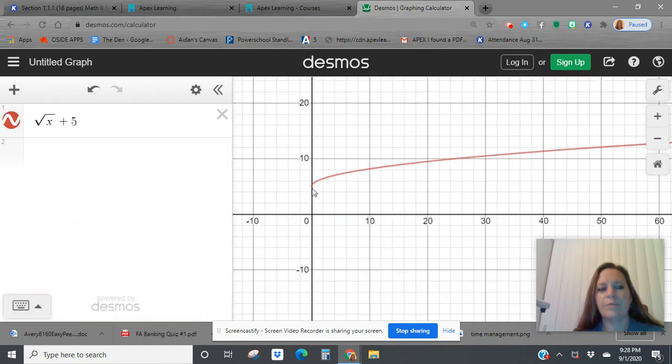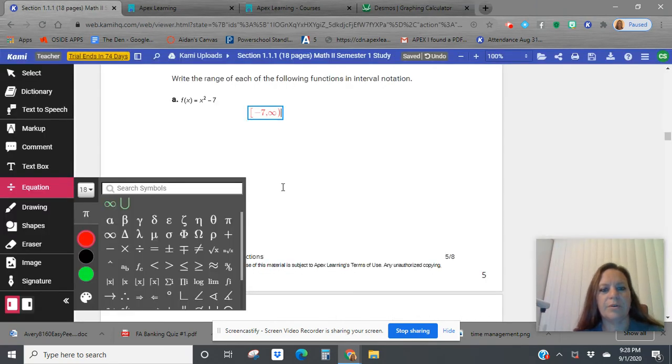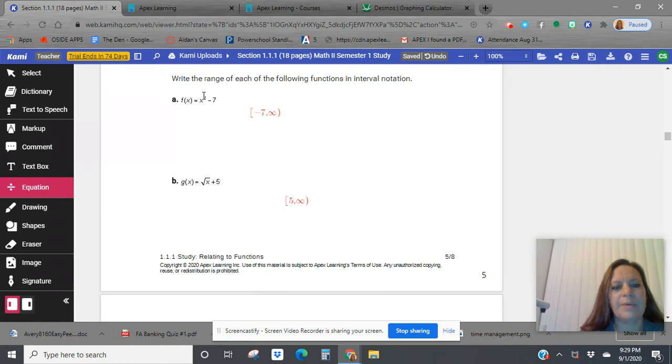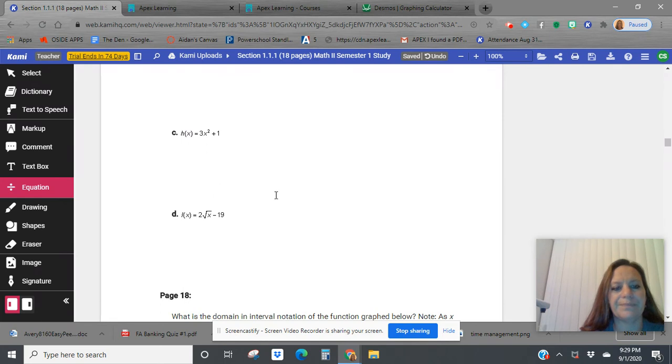What's the range of this one? It's beginning at 5 and going up from there. So my interval notation on this one begins at 5 to infinity. So notice in both these cases, for both these ranges, that this y-intercept, this constant at the end, turned out to be the value we used for the beginning of the range.